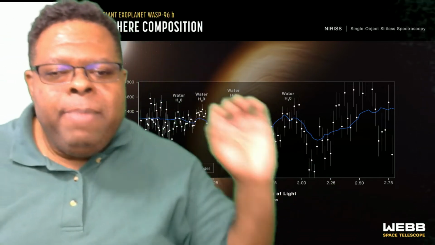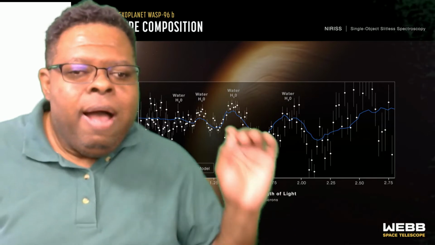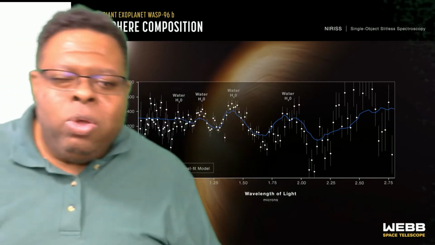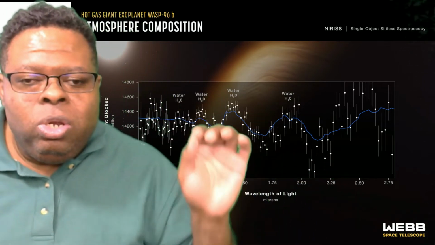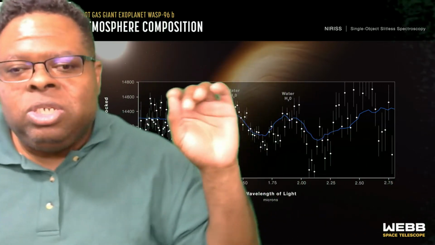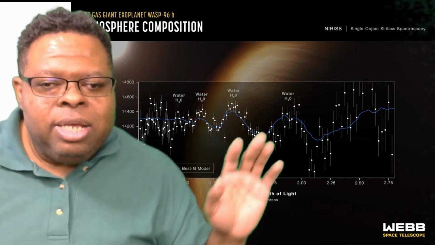So what Webb is going to do is measure and look at the atmospheres of the planets, because based on that you can tell what the planet looks like, what it's made of. You can tell whether there's life on that planet, because you'll look for certain gases, and different gases will emit different types of light when the telescope hits it.